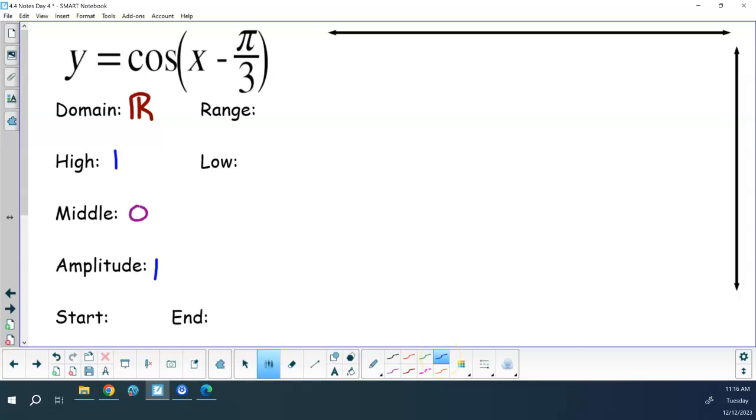Started out nice and easy, which means we go up to 1, down to -1. Our range is that. Yes? Okay. Start. Now we've got a C value. Right? Okay. So I've got to think oppositely. It looks like negative pi over 3, but really it's positive pi over 3. So this one is going to start at positive pi over 3.